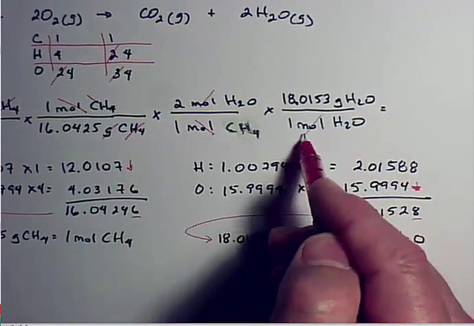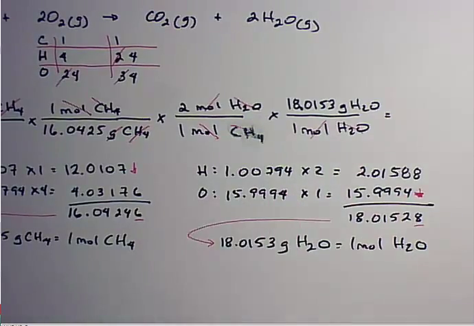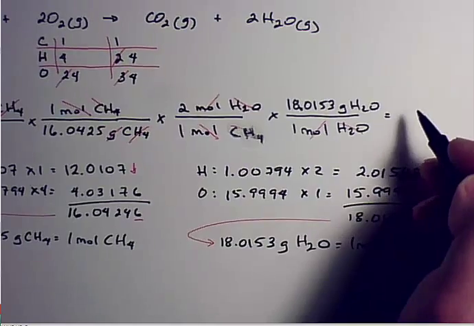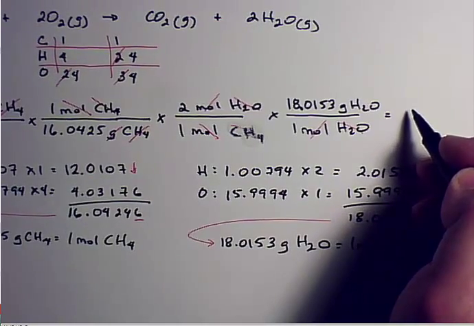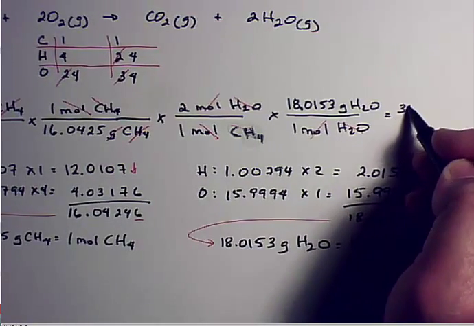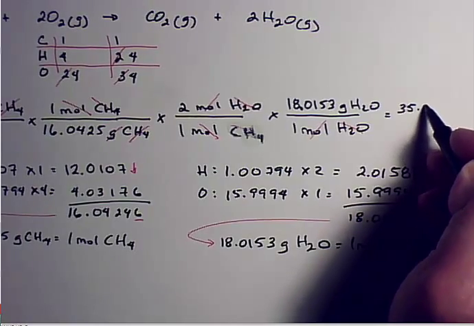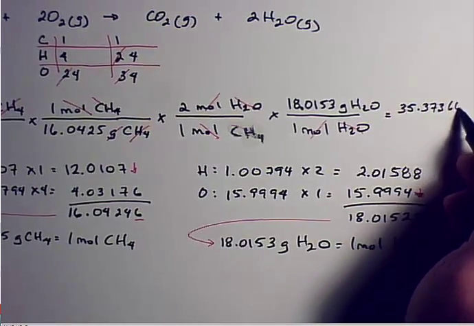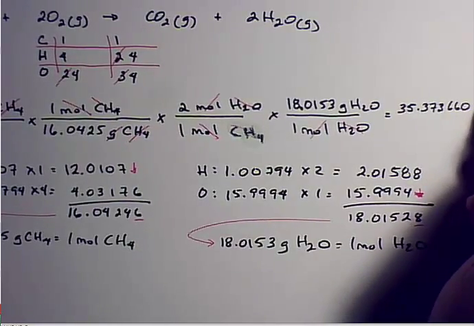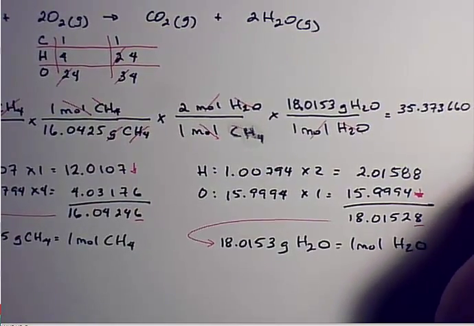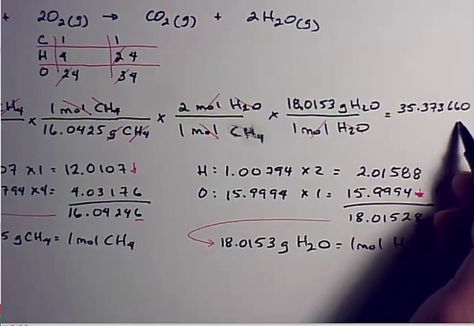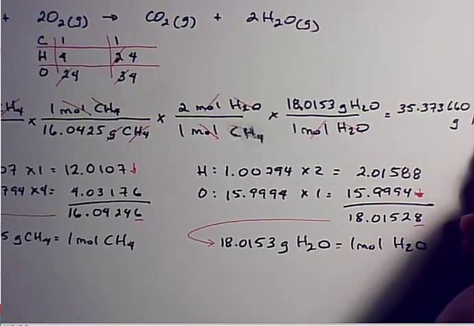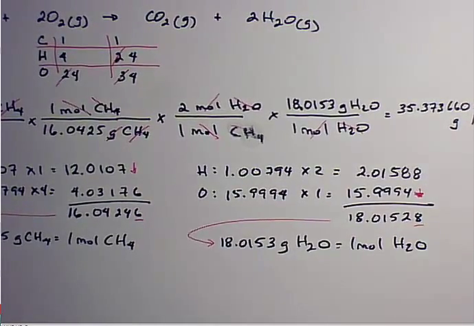We want to simplify by canceling out moles and water. And we do the math. And I got 35.3736605891. Units I have left are grams and water.